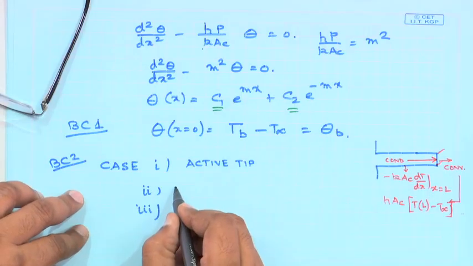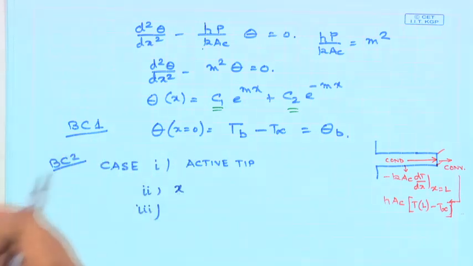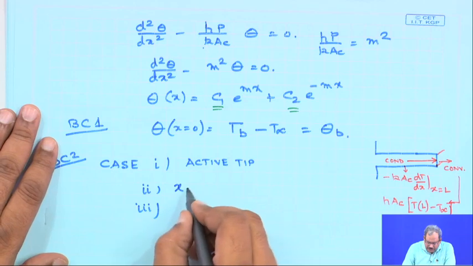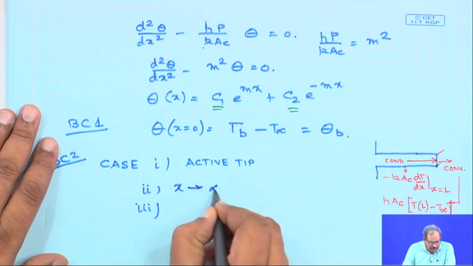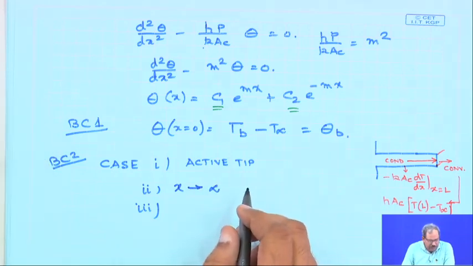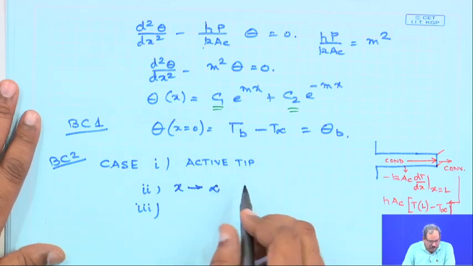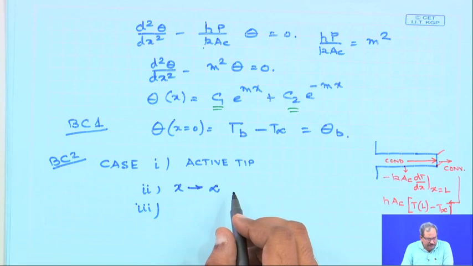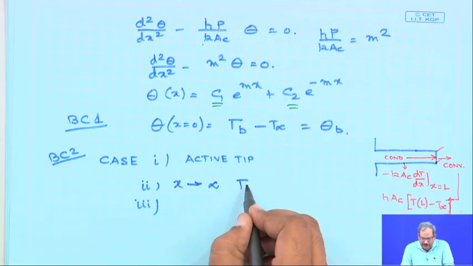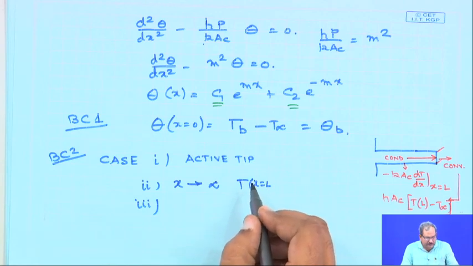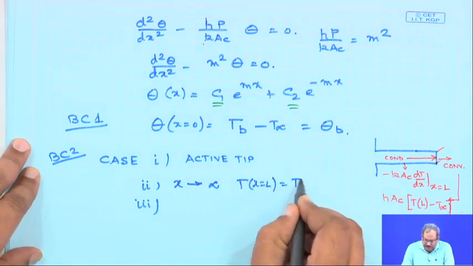So, if I write the expression for this, for a long fin, as x tends to infinity, that is for very large values of the length of the fin, you are going to get T at x equals L is equal to T infinity.